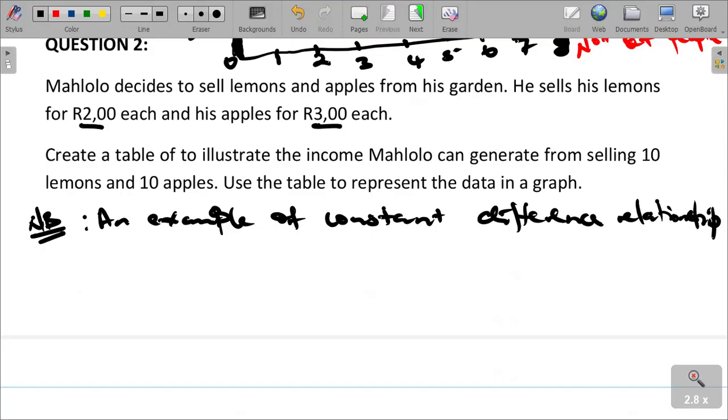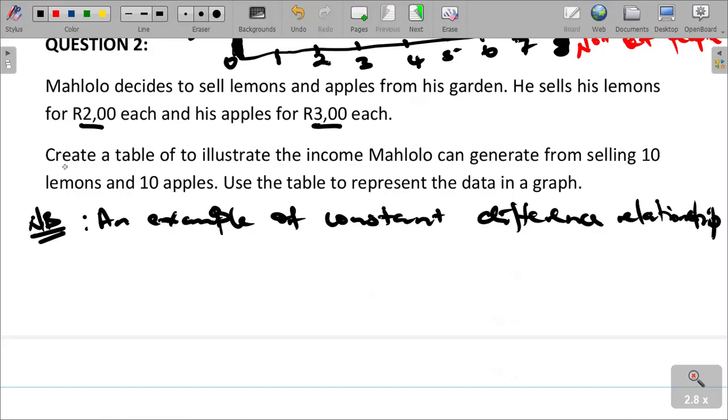What does that mean? The income generated from the sale of these fruits increases by a constant value according to the number that the farmer can sell.